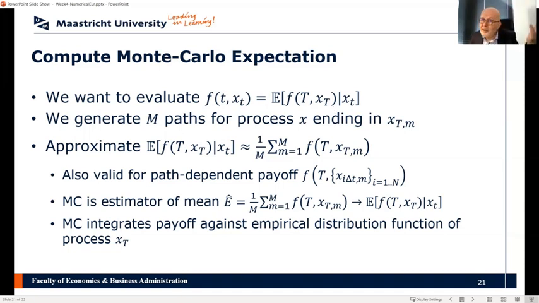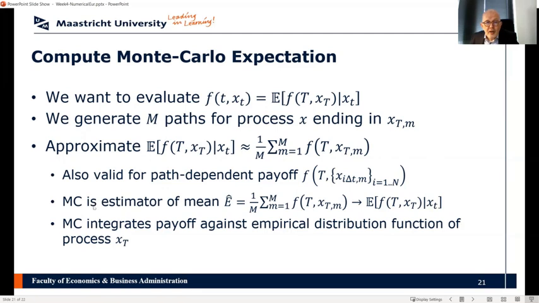So maybe it's a barrier option, or maybe for some insurance products, for the people who followed Life Insurance 1. If I have an insurance product that says I am getting some amount of profit sharing depending on the investment returns that the insurance company makes along the way, then the final value that I get at the end depends on the whole path of the economy that I have followed. With a Monte Carlo value, you can very easily deal with this.